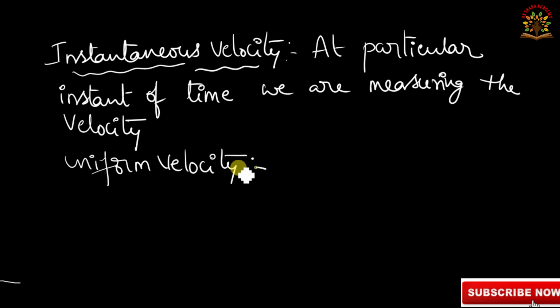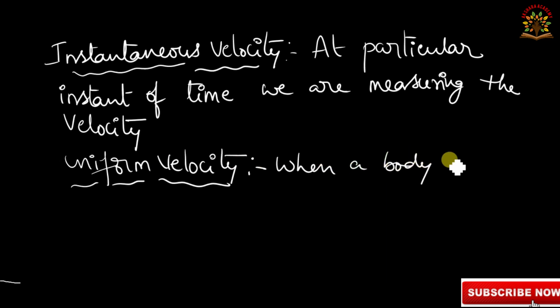The other is non-uniform velocity. Uniform velocity is when a body covers equal displacements in equal intervals of time, however small the intervals may be, then the body is said to be moving with uniform velocity. In uniform speed we write equal distances. In uniform velocity we mention equal displacements. So what is uniform velocity?